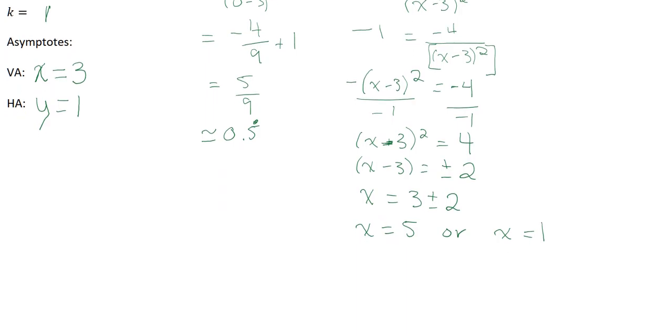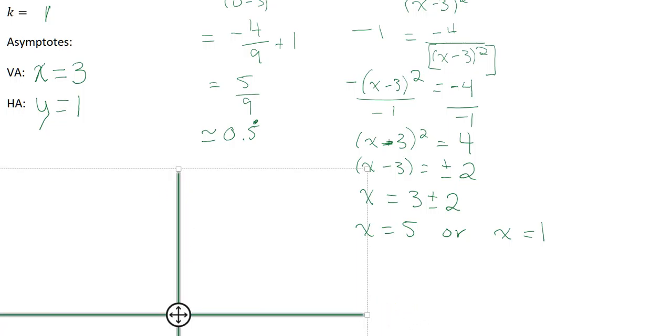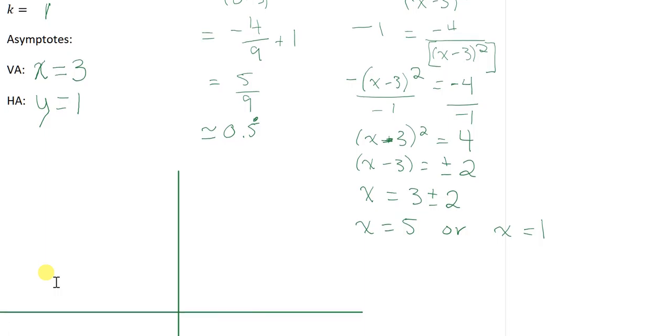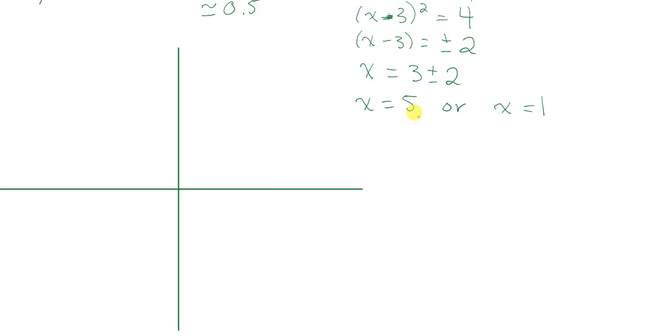Okay. So let's sketch one out here. Let's get this in full view. Okay, so I've got x-intercepts at 5 and 1.